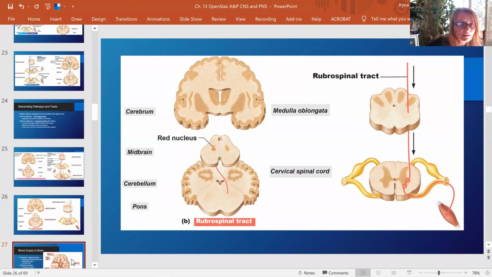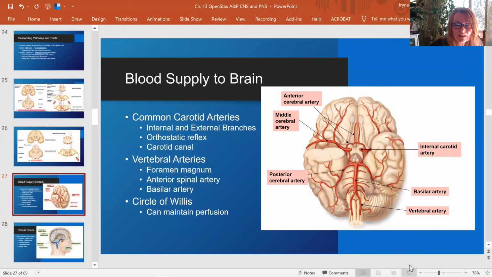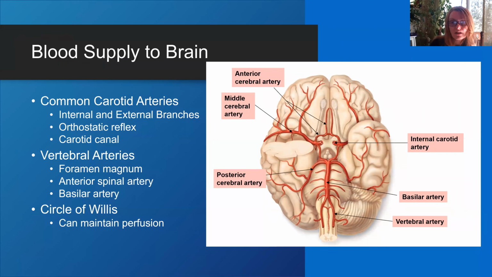Okay. Next, this video is getting long, but I mean, how can you record a short video about the whole brain? Now, blood supply to the brain. So you see these arteries here, and what are the major arteries we can find? We can see the internal carotid artery, and we have vertebral arteries.